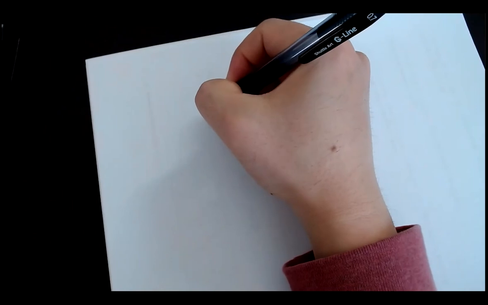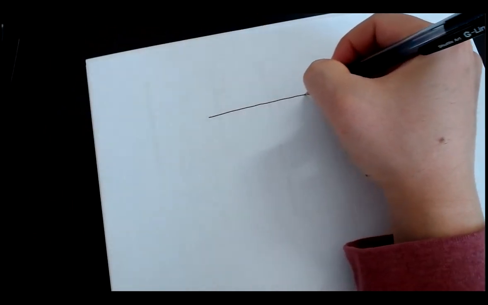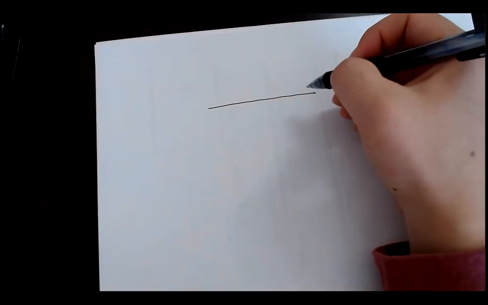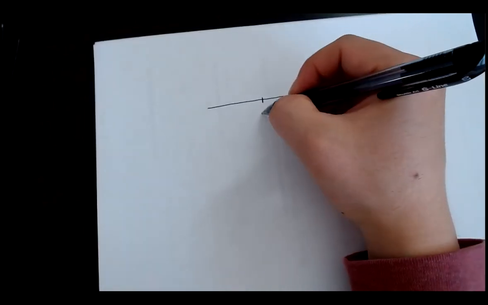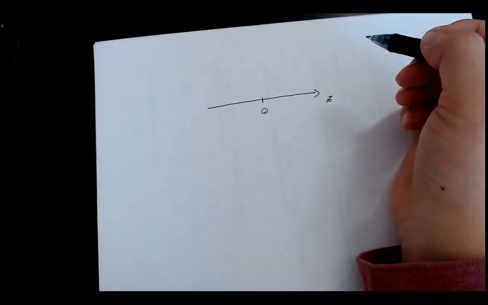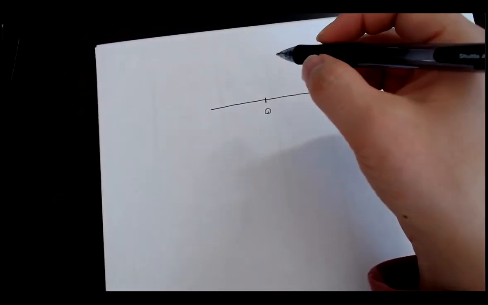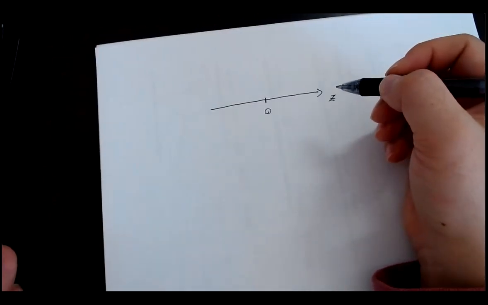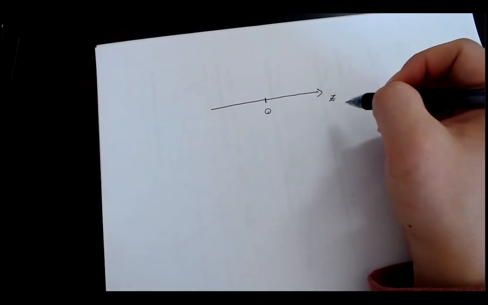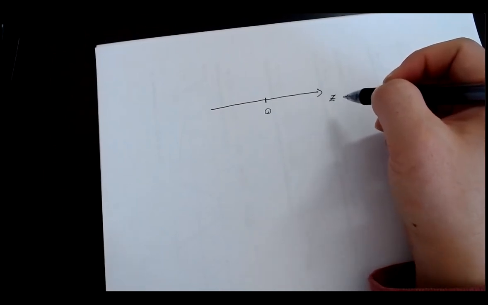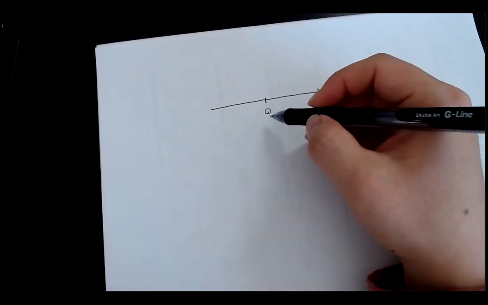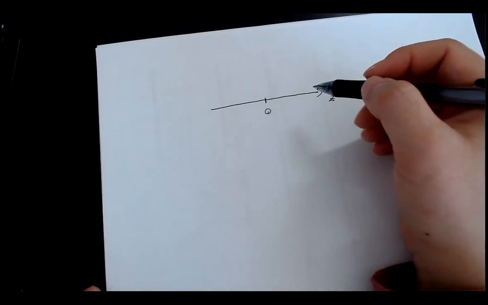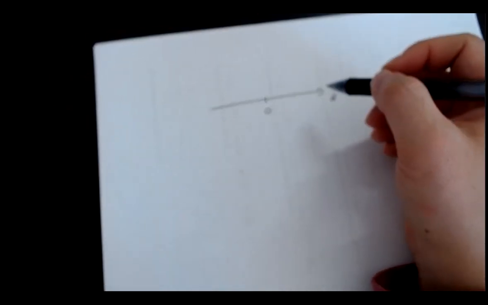So what's the Z-score? The Z-score represents the number of standard deviations away from the mean. Here's the mean. What's the Z-score of the mean? 0, right? Because the mean is not away from the mean, it's just itself.